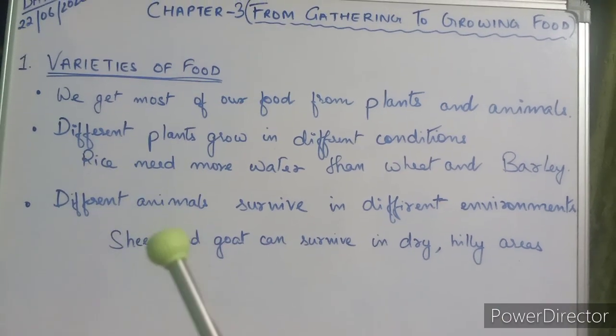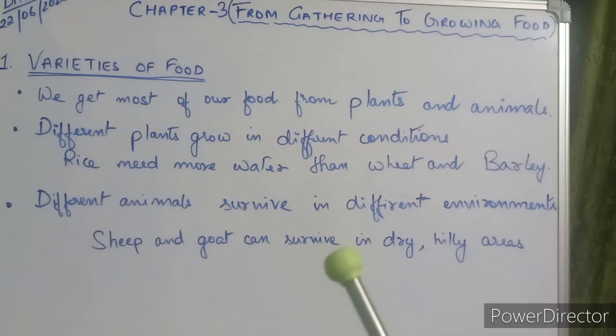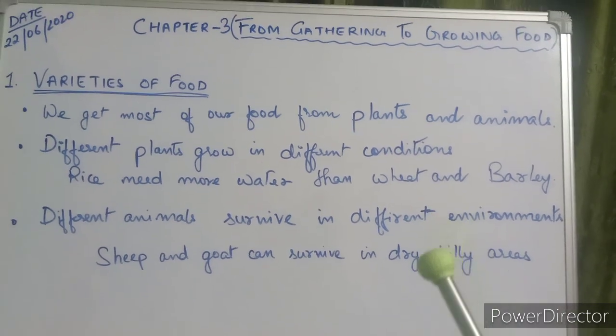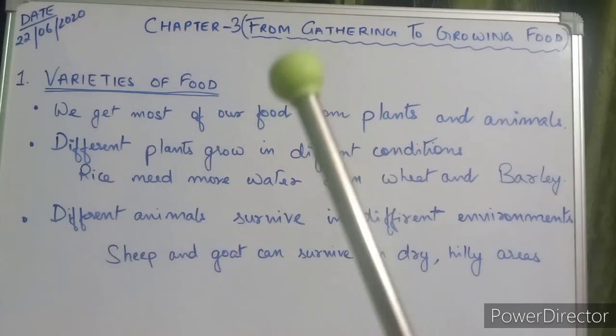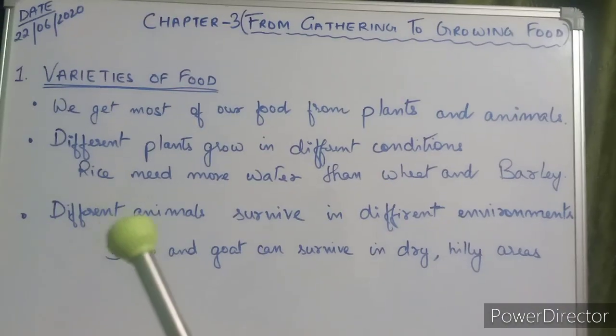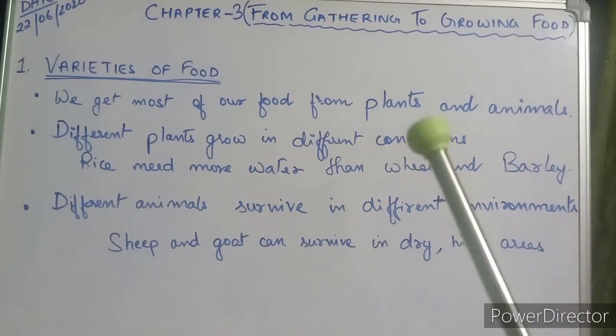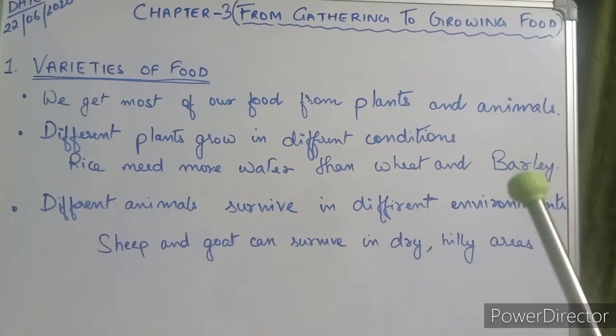Likewise, different animals survive in different environments, like sheep and goat can survive in dry hilly areas, unlike other cattle. So in the first topic we came to know where we get food from, basically from plants and animals. And the plants are grown in different conditions. Some plants require more water, some plants require less water.